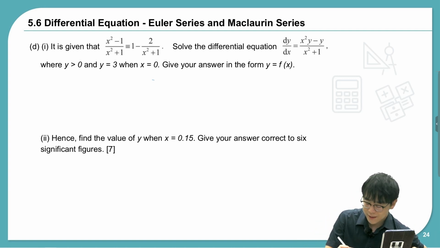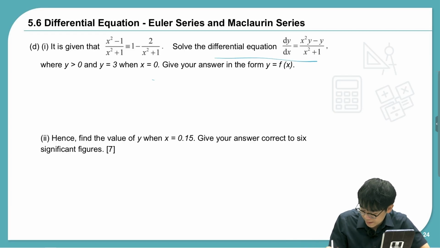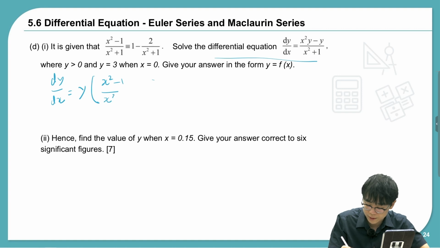So we can say that x squared minus 1 over x squared plus 1 is equivalent to 1 minus 2 over x squared plus 1. Okay, so let's see how that comes in. So we want to solve this by separation of variables, right? So if you have dy over dx, that's y times, we can group out the y as a common factor, x squared minus 1 over x squared plus 1.